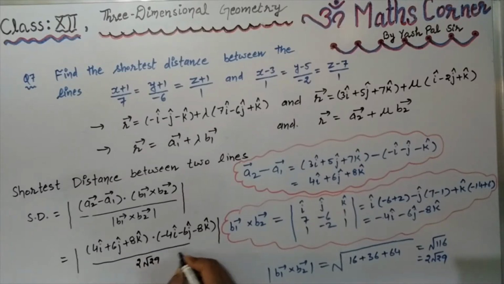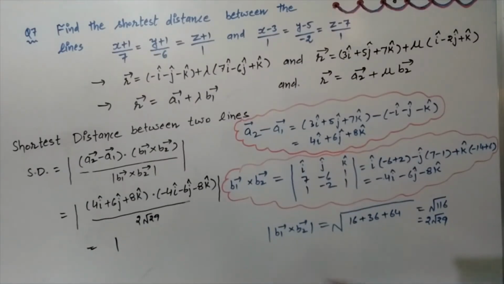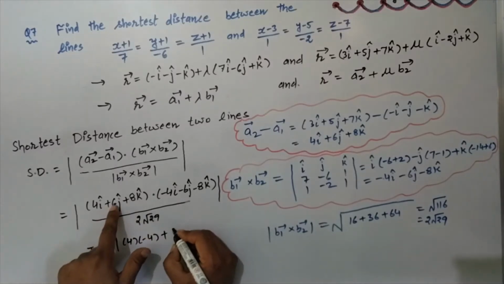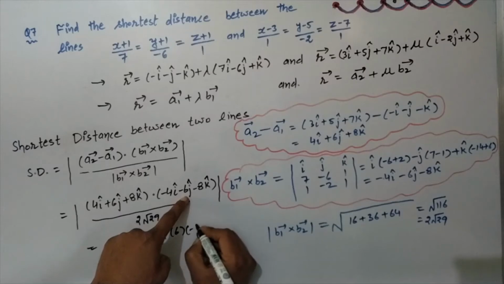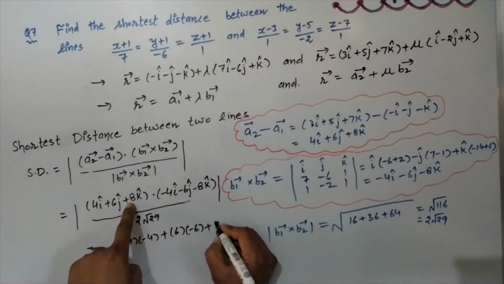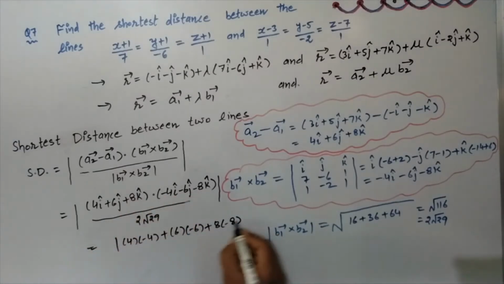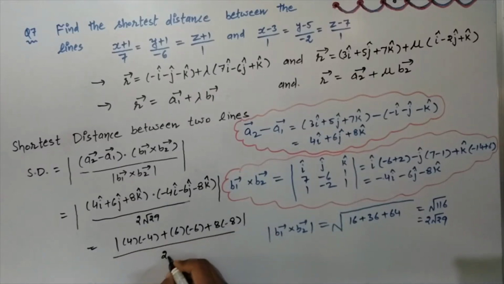Divide by the magnitude of b1 cross b2, which is 2 square root of 29. Now we find the dot product of these two vectors, modulus of 4 into minus 4 plus 6 into minus 6 plus 8 into minus 8, divided by 2 square root of 29.